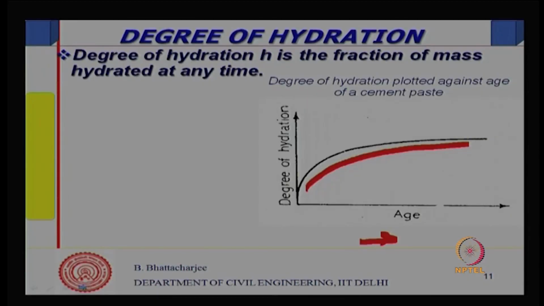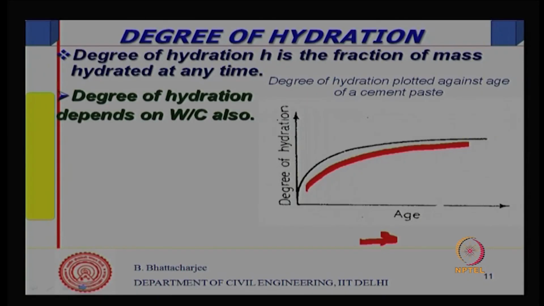So it is typically this kind of curve. But many recent experiments have demonstrated that this degree of hydration is a function of water cement ratio as well, even for high water cement ratios like 0.5, 0.6, etc.